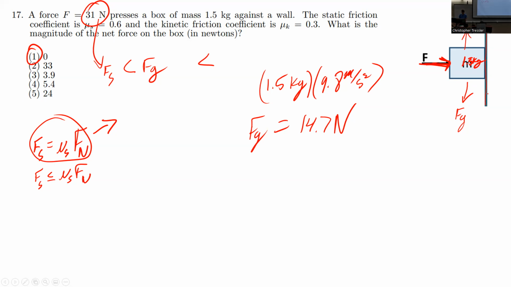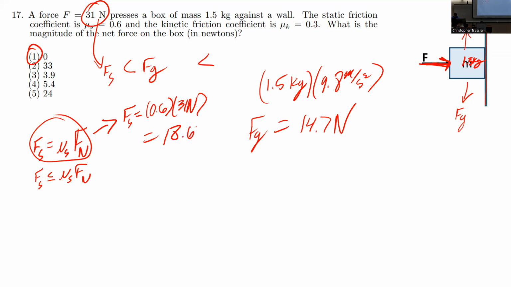So our normal force for this problem is going to be the same 31 newtons, or at least the magnitude is going to be the same. It would technically be a different sign, but the magnitude is going to be that 31 newtons. And we have that 0.6 as our static coefficient of friction. So our force of static friction is equal to 0.6 times 31 newtons, which is going to be 18.6.